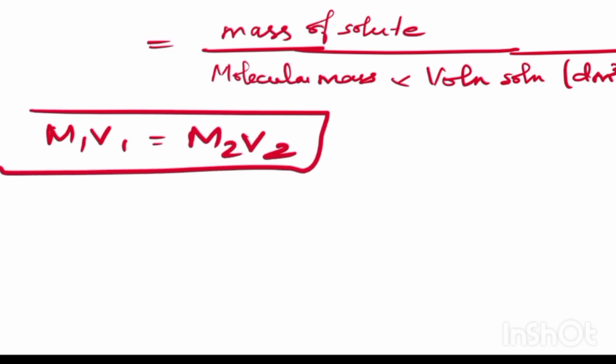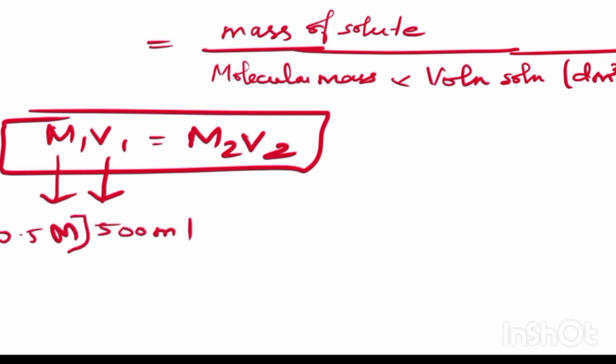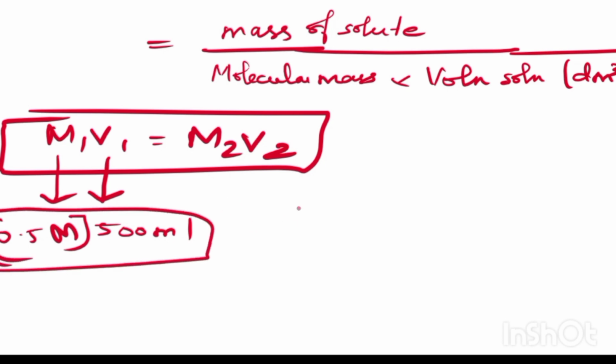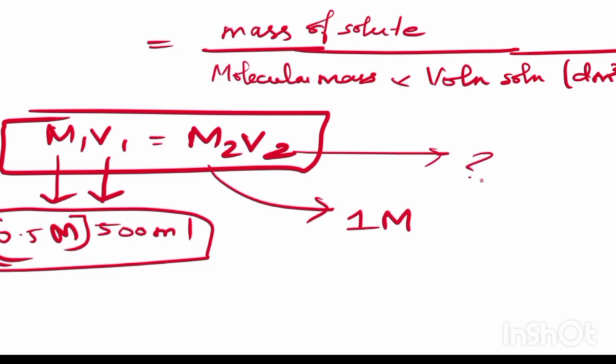Where you will use this formula is that they'll give you the molarity and the volume also. For example, one solution has 500 ml and the molarity is 0.5 M, and you have to prepare from this solution another solution of molarity 1 M. For that, how much volume will you use?